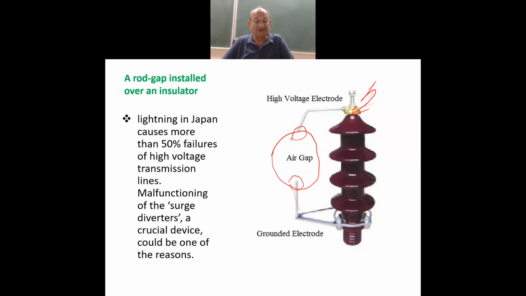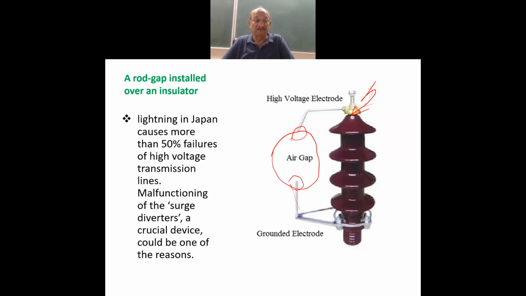And the surge diverters often malfunction. When they malfunction, they do not ground the peak magnitude of the traveling wave and let the total magnitude of the traveling wave reach the substation, or the gadgets installed on the transmission lines at substations.